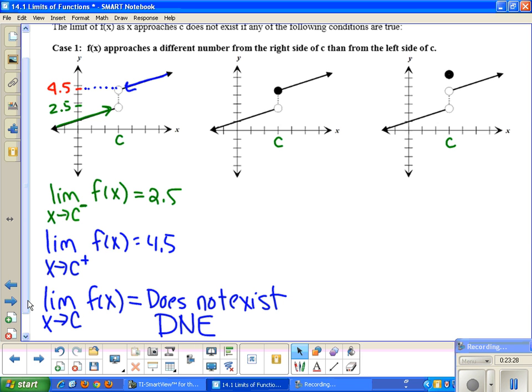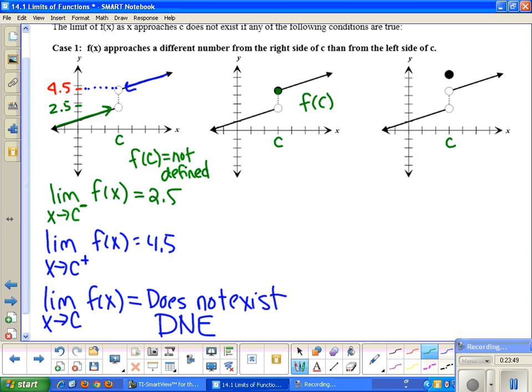Let's look at the second scenario. So now for this one, and I should have gone back over here, f of c for this function is not defined. And that means that I can never ever have a c value there. Whereas if you look at the second graph here, the value of c is defined because of this closed circle that we have.